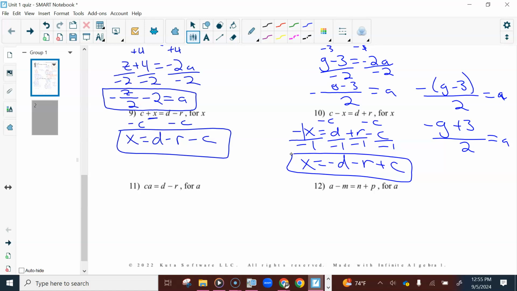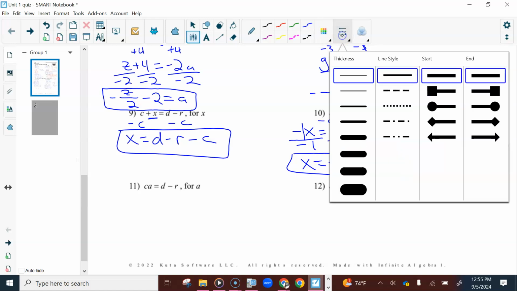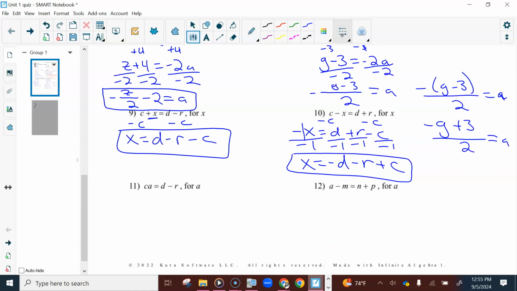You could have also, instead of moving c, let's say we move x. And at first that doesn't look like it's going to help us. But if I move x to the other side by adding, well, now my x is positive.